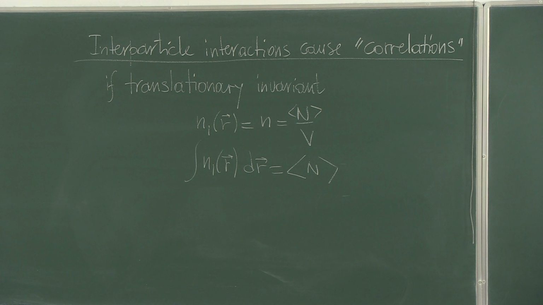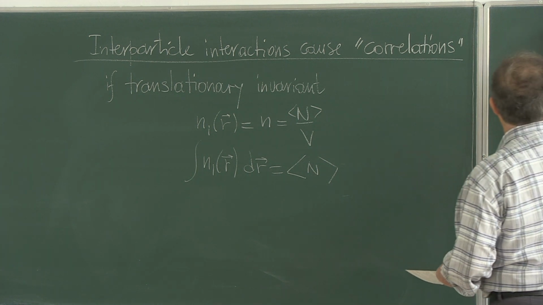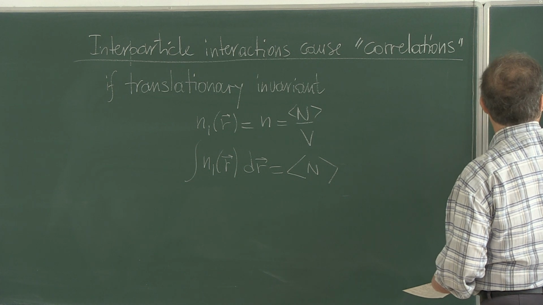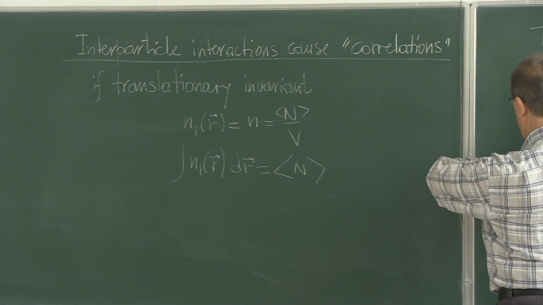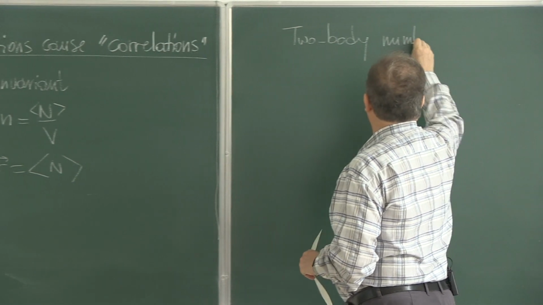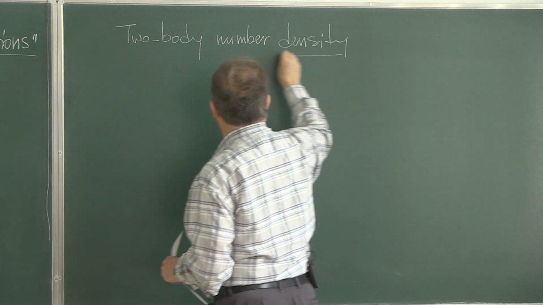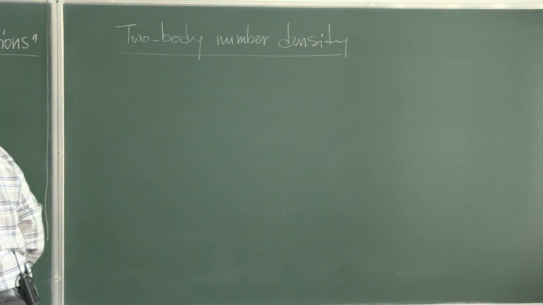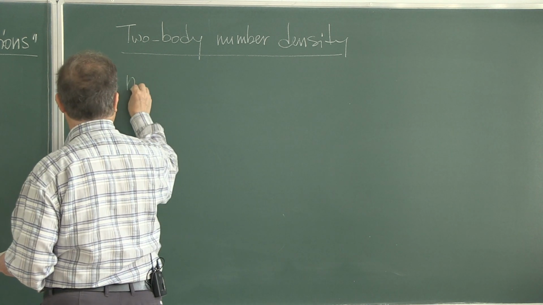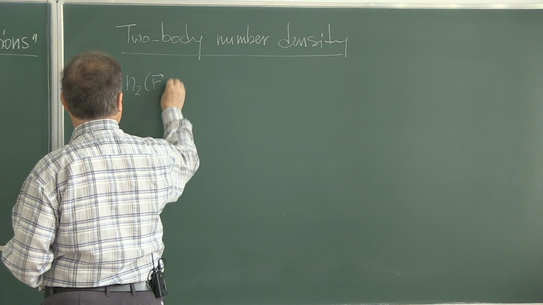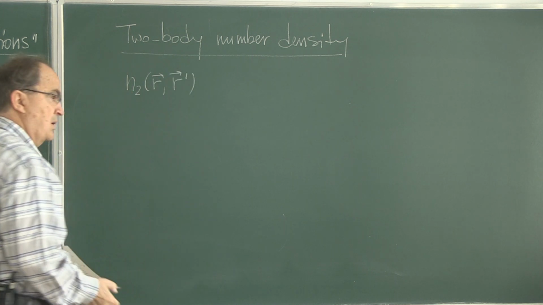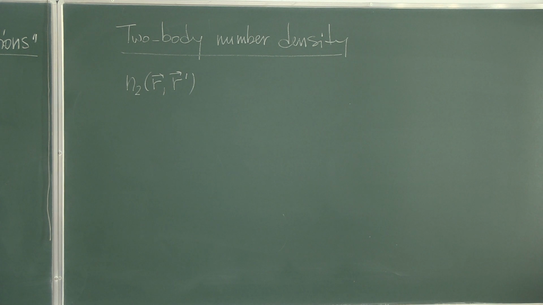Now let's go to the two-particle, two-body number density. Well, this quantity, N2(R, R prime), as you can imagine, is the probability of finding one of the particles at R, and when it is at R, what is the probability of finding a second particle at R prime?